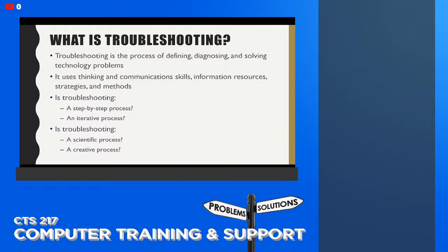But when that conclusion doesn't pan out, or if that conclusion doesn't solve the problem, then we have to iterate and try again and come up with a new hypothesis and follow that hypothesis to its conclusion. So when we're looking at a step-by-step process versus an iterative process, it's really both.